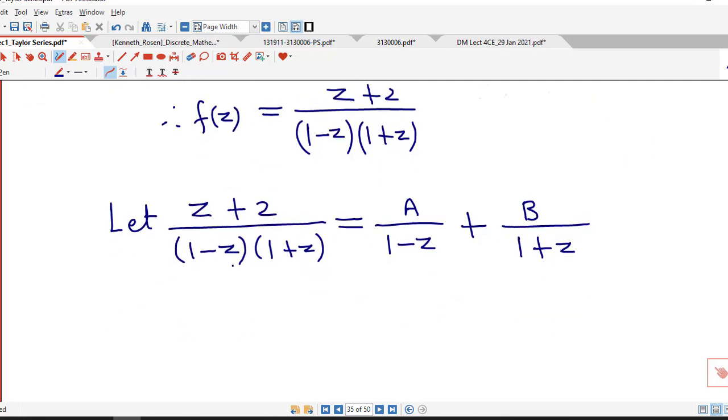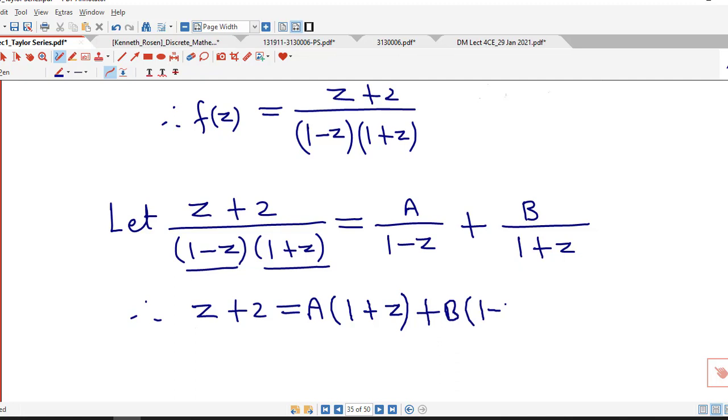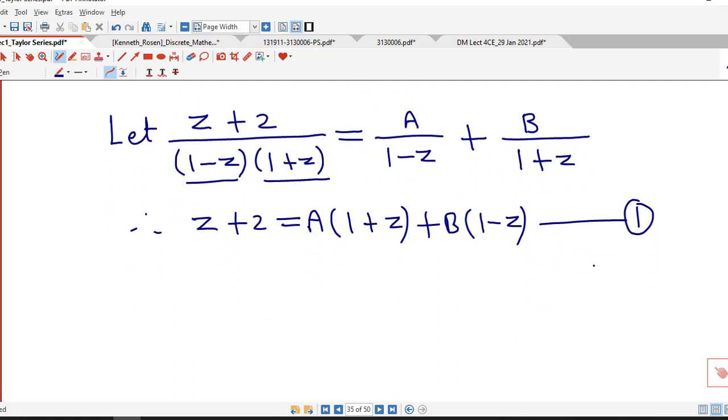So for that, first we multiply this whole equation by (1 minus z) into (1 plus z). So we obtain z plus 2 equal to a times (1 plus z) plus b times (1 minus z), and we give this number 1. Now, 1 minus z is 0 if z equal to 1.